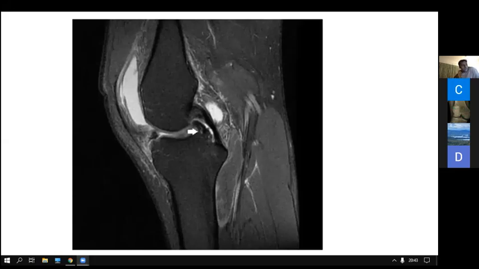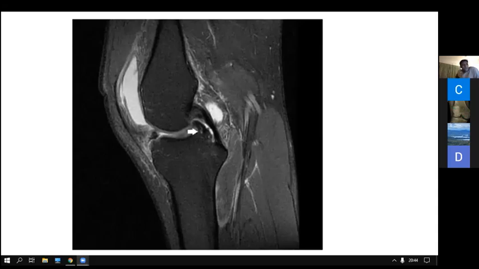This is slightly on the medial side of the ACL, isn't it? So as long as the ACL is there, it can't cross. The lateral meniscus cannot come to this side, unless the ACL is also gone, and then the bucket handle of the lateral meniscus can theoretically come on this side.